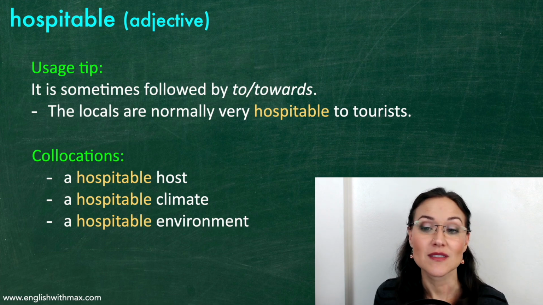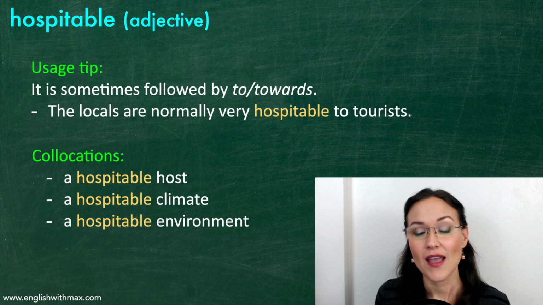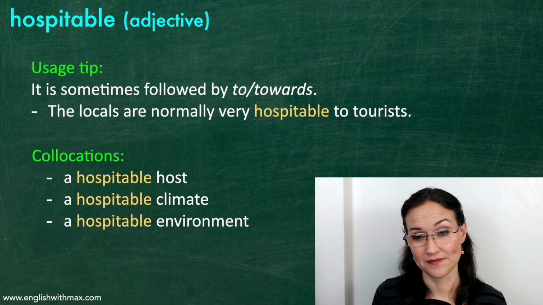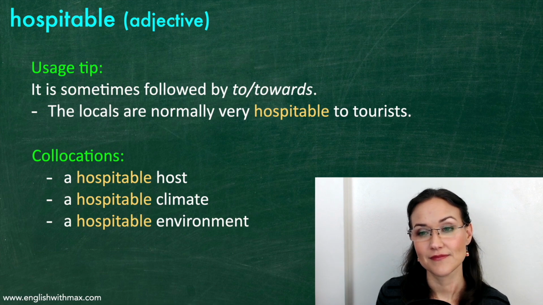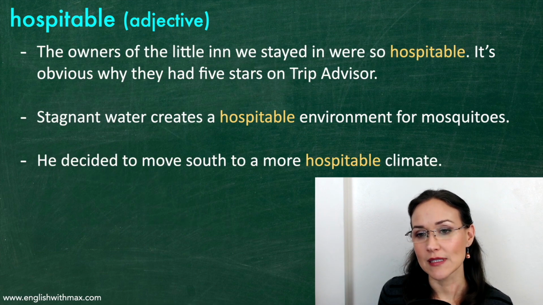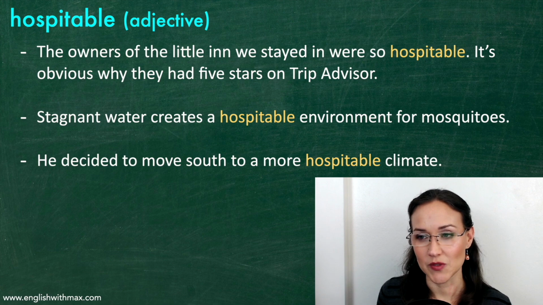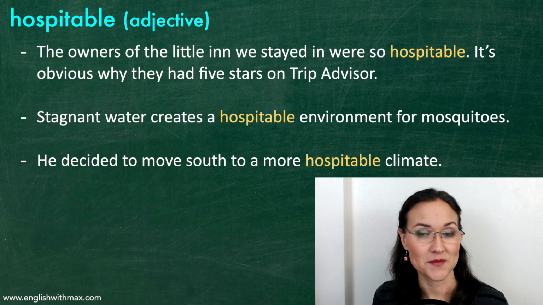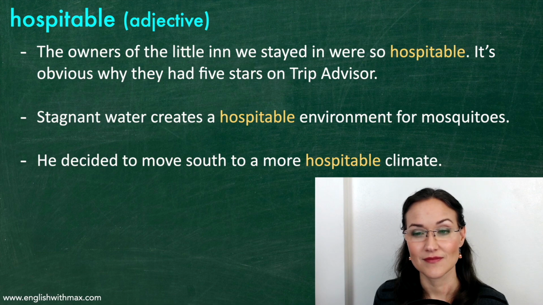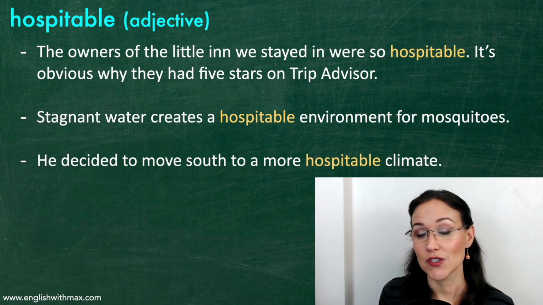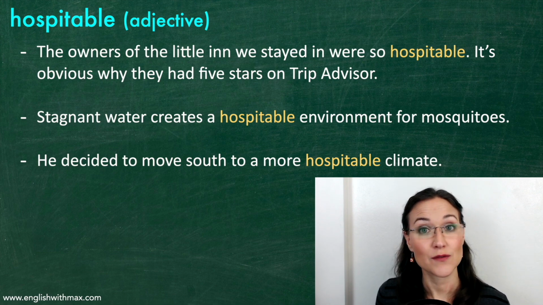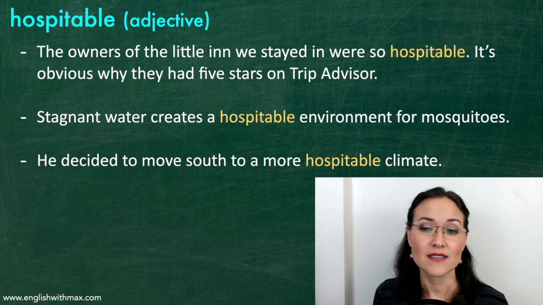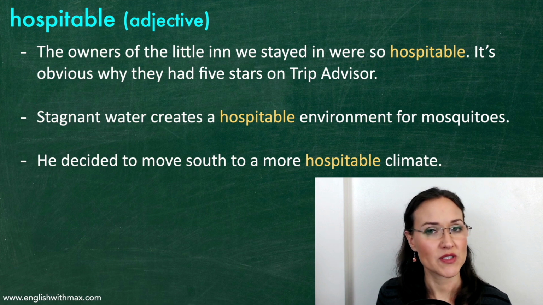A hospitable climate, and a hospitable environment. The owners of the little inn we stayed in were so hospitable. It's obvious why they had 5 stars on TripAdvisor. Stagnant water creates a hospitable environment for mosquitoes. He decided to move south to a more hospitable climate.